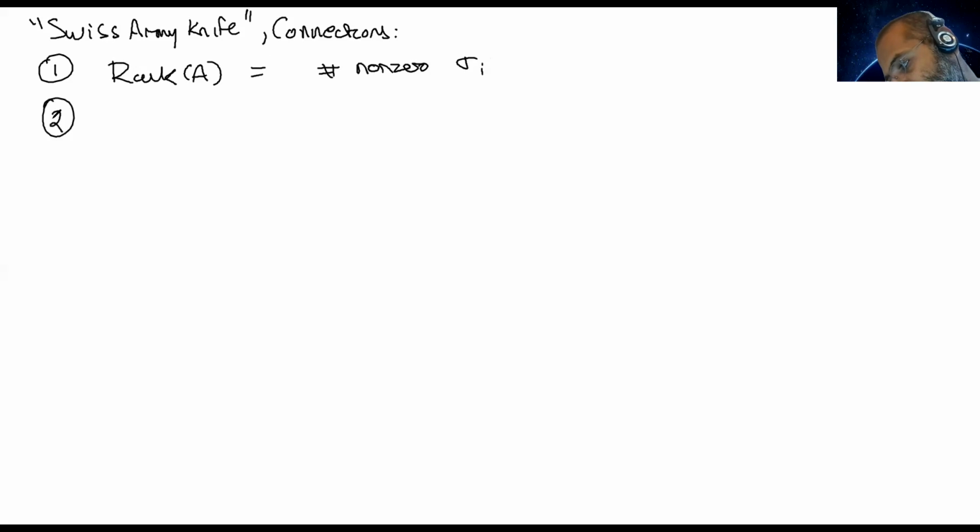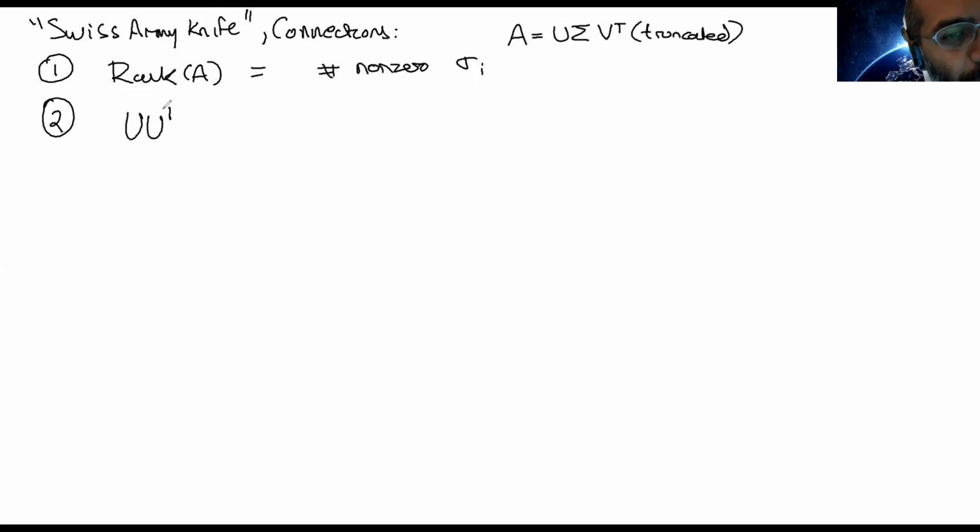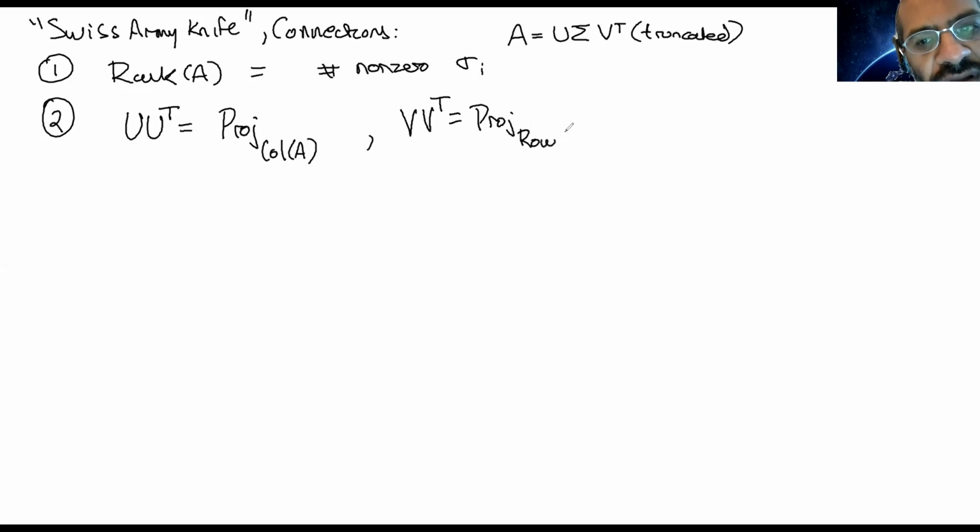The second thing is, once you have the singular value decomposition, so let's say A is equal to U sigma V transpose, and let's say this is a truncated SVD, then you can immediately read off the projections onto the row space and column space. Right? U U transpose is the projection onto the column space of A, and V V transpose is the projection onto the row space.